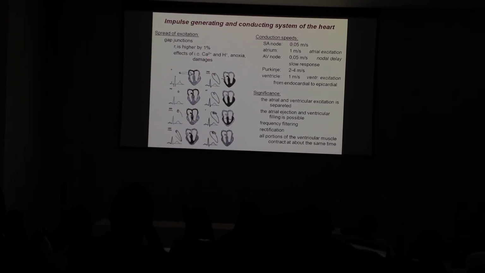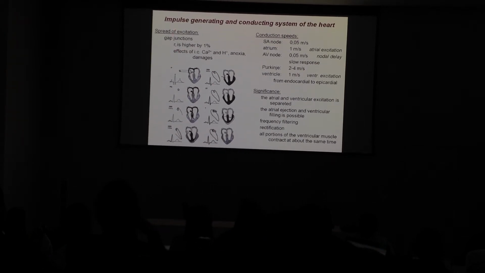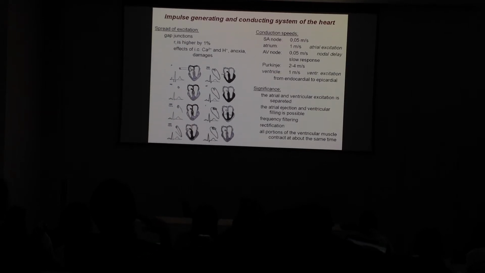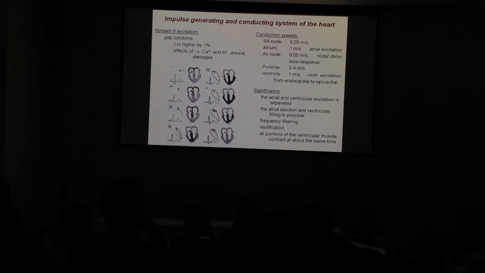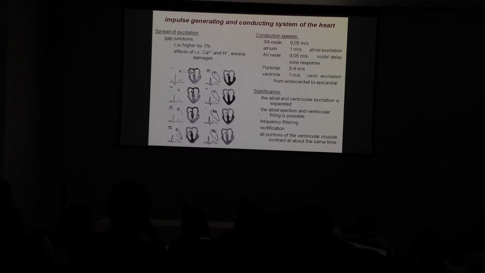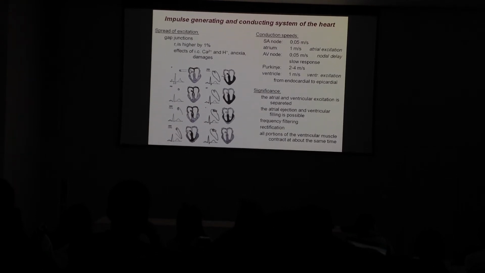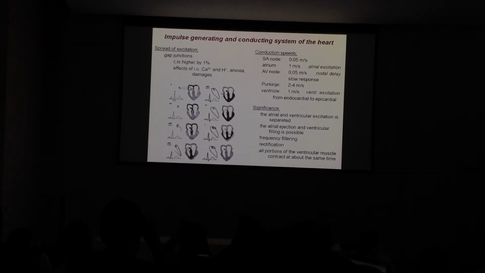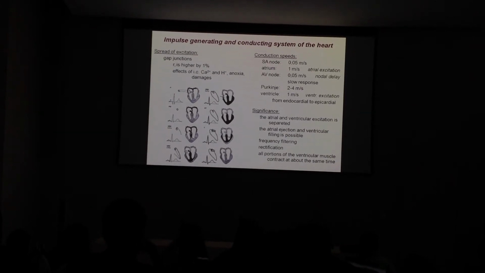If the resistance of the gap junction increases, the proper propagation is prevented, and therefore abnormal alterations can occur in the heart.